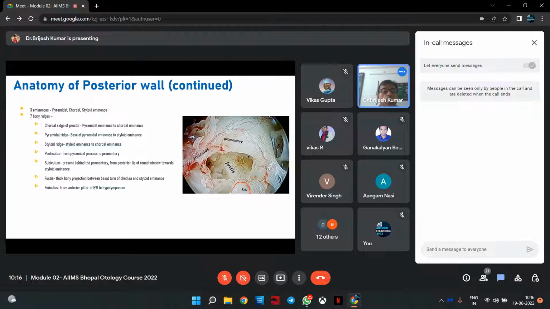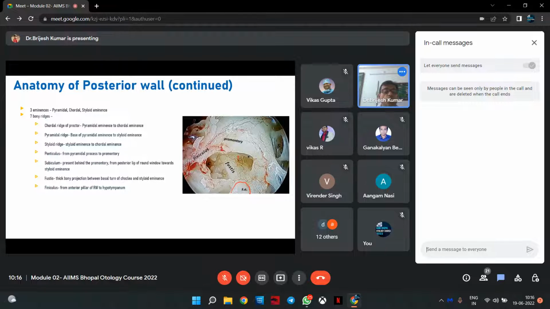Then there is the ponticulus from the pyramidal process to the promontory, and the subiculum, which is present behind the promontory from the posterior lip of the round window towards the styloid eminence.